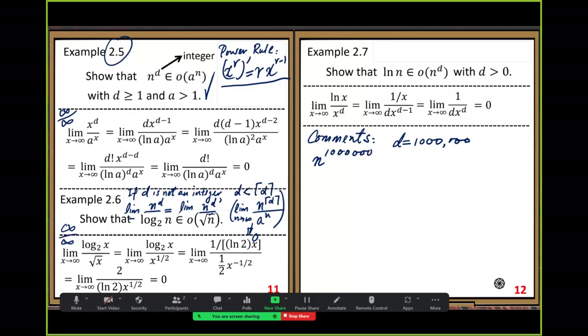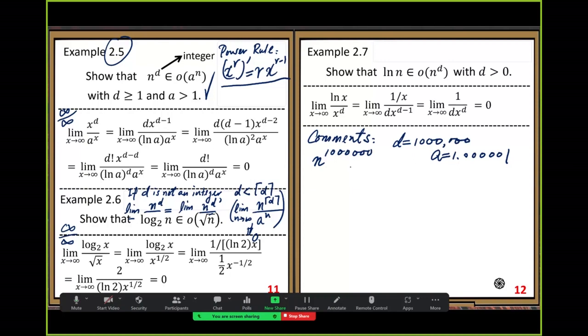Then how about a? We only need it strictly greater than 1. How about 1.0000001, with so many zeros after the decimal point? Very close to 1, right? So small.